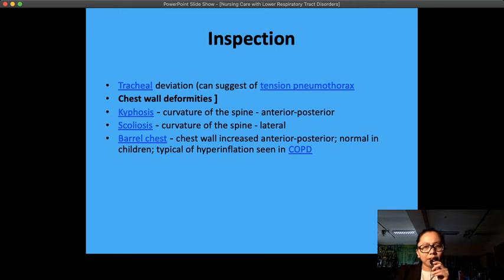Wag magtamad-tamaran because we are nurses, and the expectations from us are high. When it comes to nursing care, we have to relate also to the medicine people.